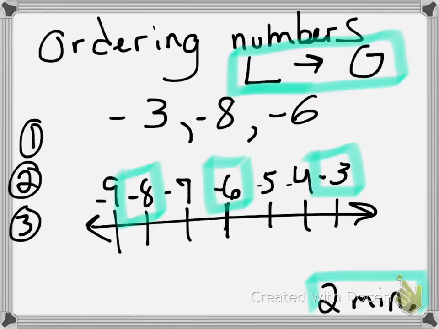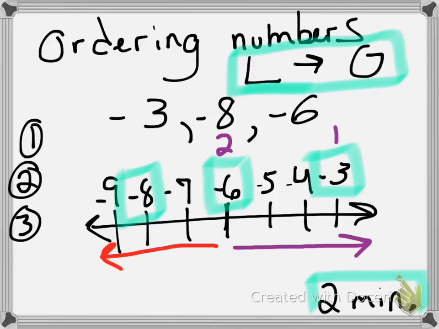Every time you go this way on a line graph, that's the bigger numbers, the better numbers to have. Anytime you go the opposite direction, that's less than, smaller numbers. Okay? So that means that 3 is number 1, negative 6 is number 2, negative 8 is number 3.